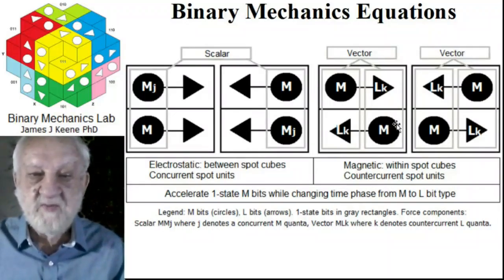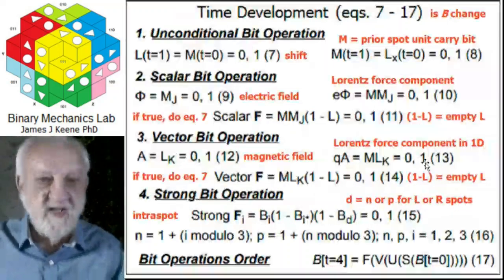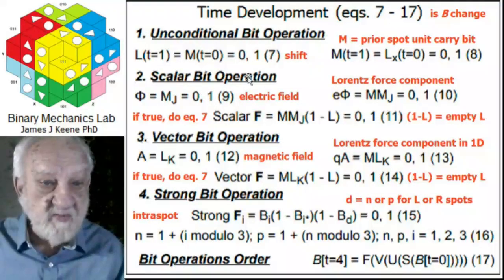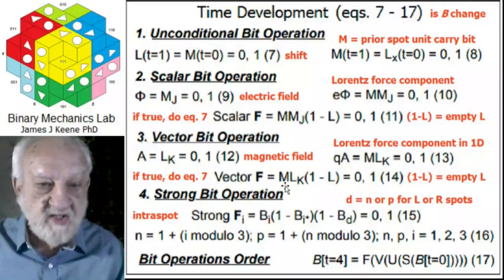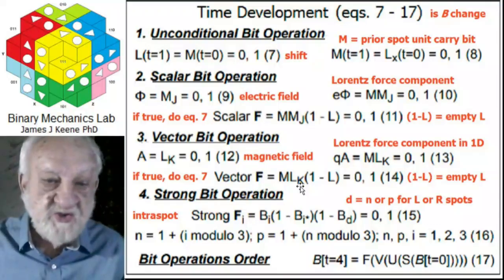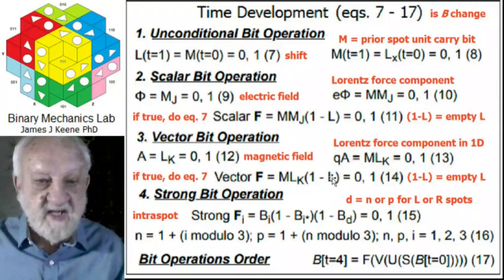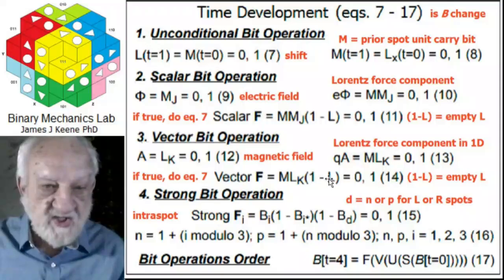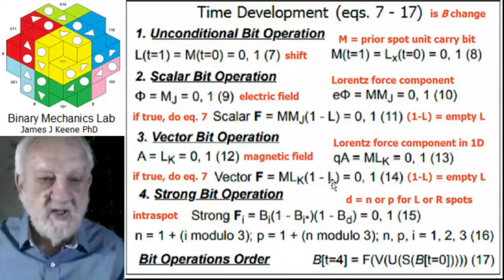And there are different permutations of that situation shown here. In similar fashion to the scalar bit operation, we now have the vector force is the product of your source, the L sub k vector potential component, and an empty destination L-type loci.